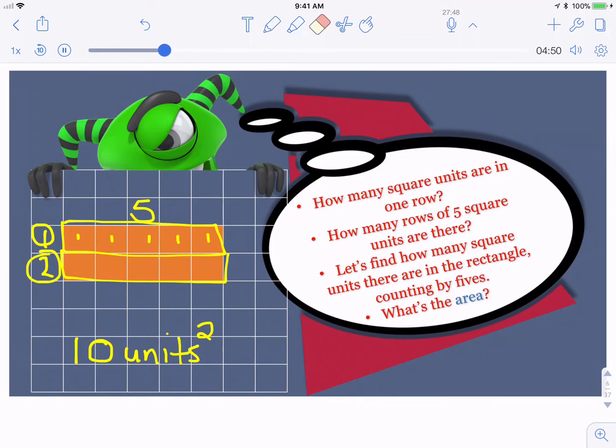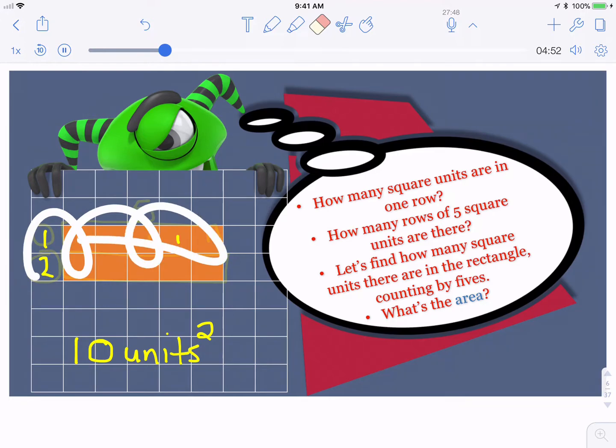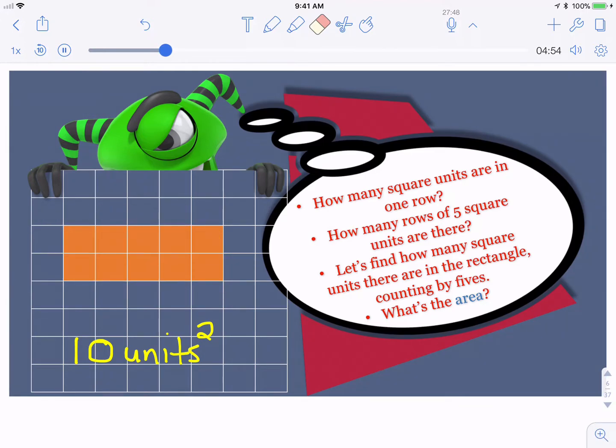Well, I need to know how much space from wall to wall the carpet needs to take up, or I'm going to end up with a pretty small rug, or I might end up with one that is really wavy and bumpy because it's too big. So the area tells you how much space it's taking up or how big the floor itself is.